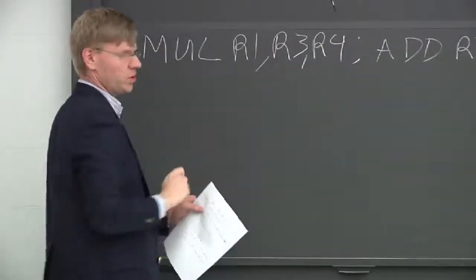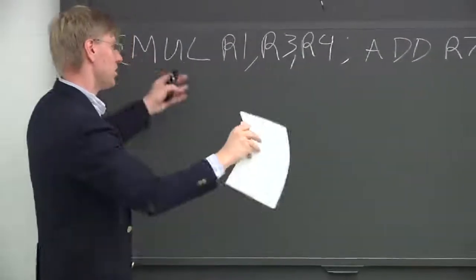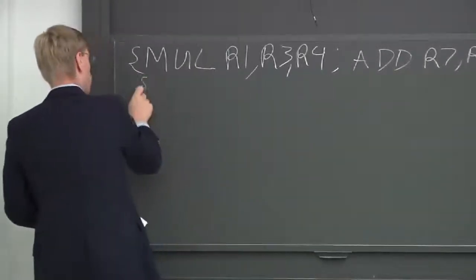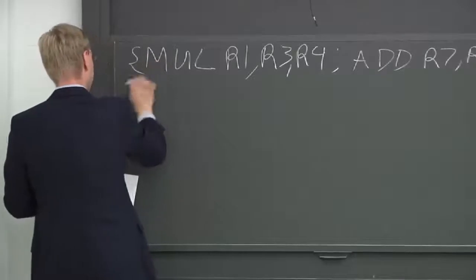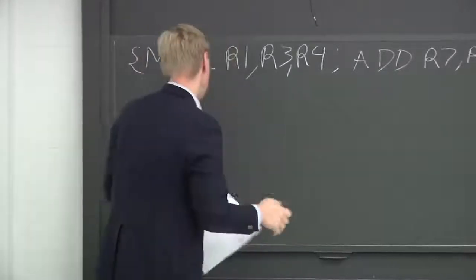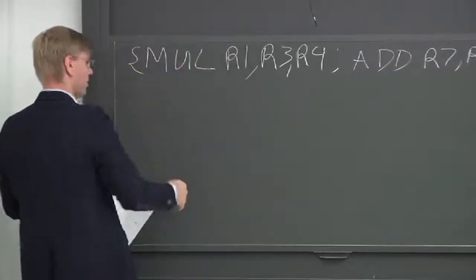We're going to use the curly braces here to denote that it's one instruction or one bundle. And then this multiply, we'll say, has a latency of 4 cycles. So you can't actually go read the result.